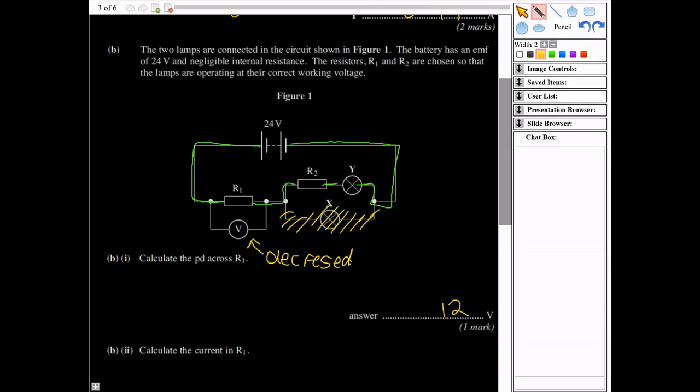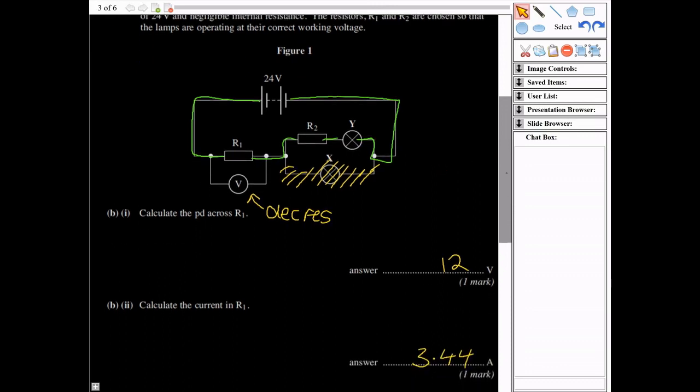So that would mean if the voltage across here has decreased, then the voltage between here and here would have to increase between these 2 points here. Since the voltage here is decreased, the 24 is still the same, so the voltage here would have to increase. So the voltage across Y would increase. Therefore, the current through Y would increase, and it would glow more brightly.